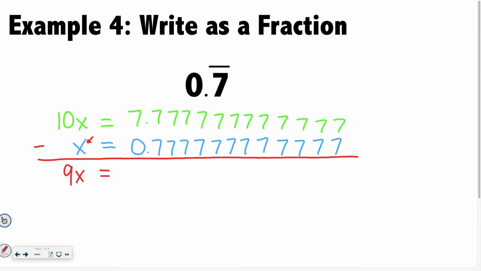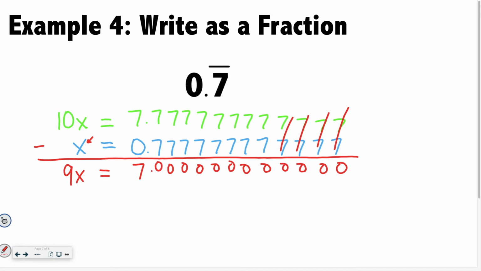Then 7.777, all of that minus 0.777. These would cancel, right? Those would all become zeros. It's a lot of zeros, right? But 7 minus 0 would be 7. So basically, 9x equals 7.